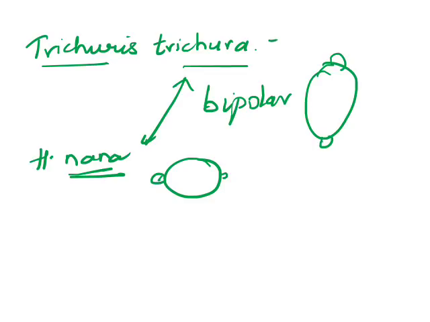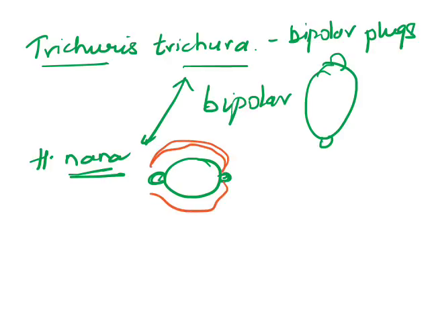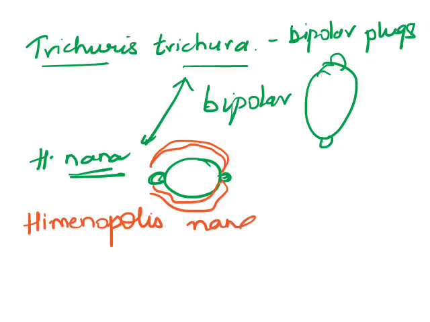In Trichuris trichiura, it is bipolar mucus plugs. In H. nana, you have knobs at both the poles, so bipolar knobs, plus you have polar filaments, the bipolar filaments. So rather than calling it Hymenolepis nana, we call it Hymenopolus nana.